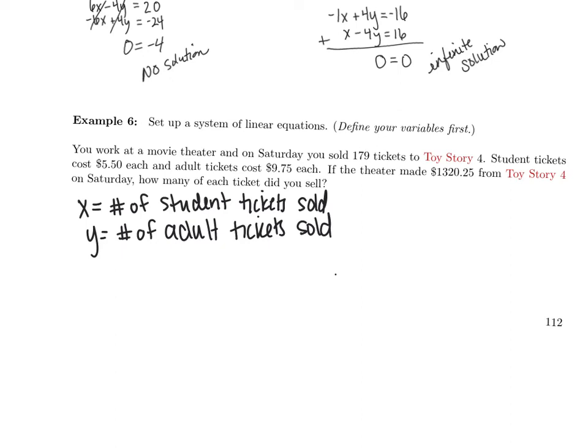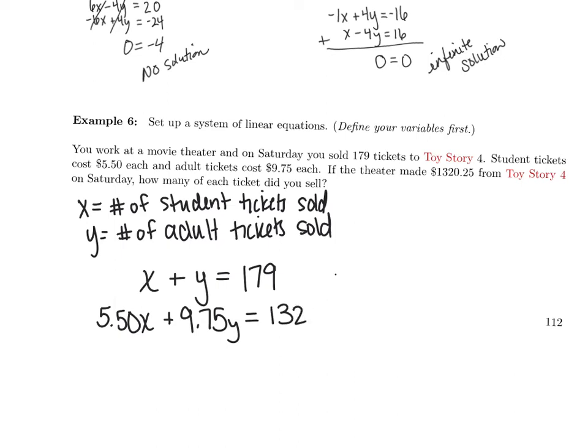So we know we sold so many student tickets, and we combine those with so many adult tickets, and that we sold 179 of those. We know that we're charging $5.50 for students, and we're charging $9.75 for adults, and for a grand total of $1320.25.